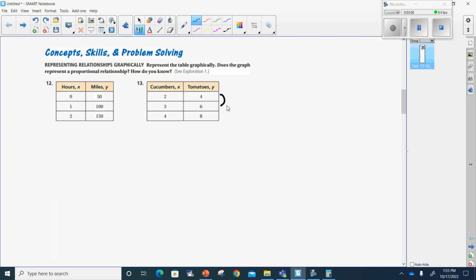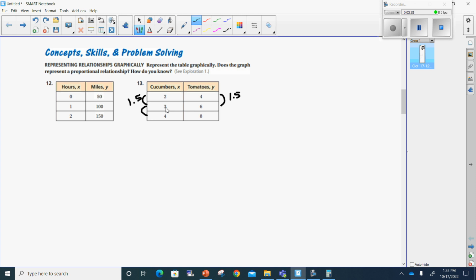4 to 6 means I increased it by 1 1/2, 1.5. I multiplied by 1.5. Over here, that means I had to multiply this by 1.5, and I did, because 2 times 1.5 will give me 3. Now, over here, I also multiplied it by a number, but it's not going to be 1.5, because 1.5 would have given me 9, right?